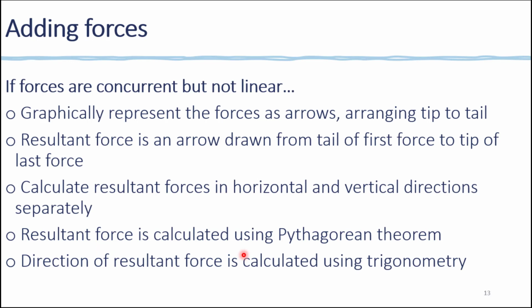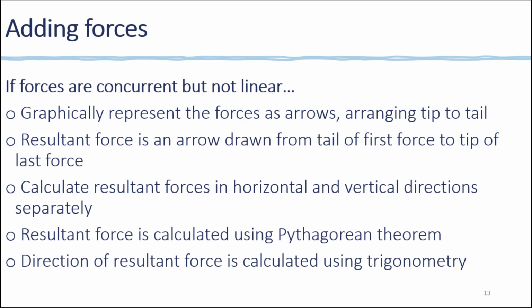Okay, great. So to sum all of that up, if the forces are concurrent but not collinear, we can add the forces to determine the resultant force by graphically representing the forces as arrows and arranging them tip to tail. The resultant force will be represented by the arrow that's drawn from the tail of the first force to the tip of the last force.